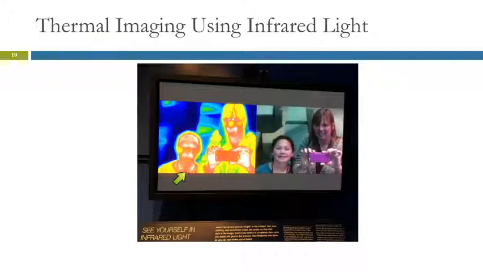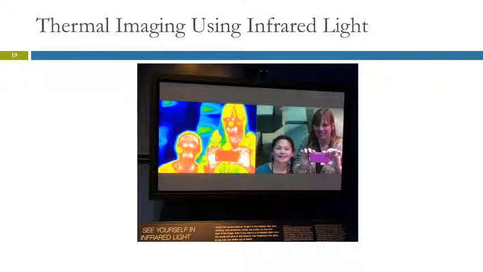The warm parts of your body, like our skin, give a different frequency of radiation than the cooler spots, like our clothing, our hair. There's the background. It was very cool. And so it translates these into colors that we can see.